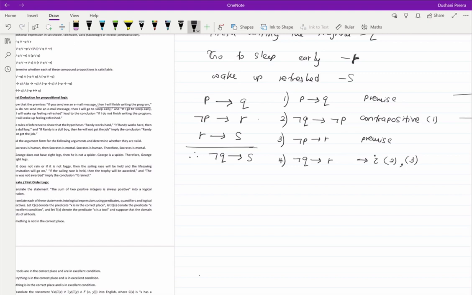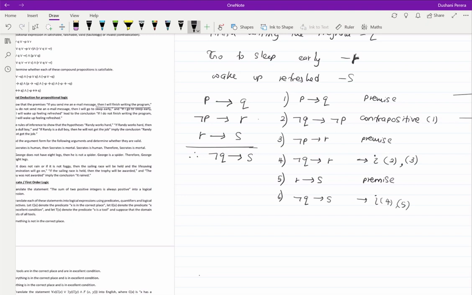If we are introducing, we write I. And then we take the next premise we have, R implies S. This is my next premise. And here I have negation Q implies R and R implies S. Again, this is hypothetical syllogism. So we discard R and we write negation Q implies S. This is again implication I, 4 and 5.